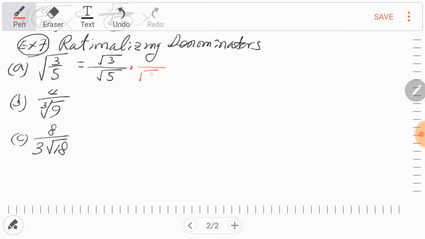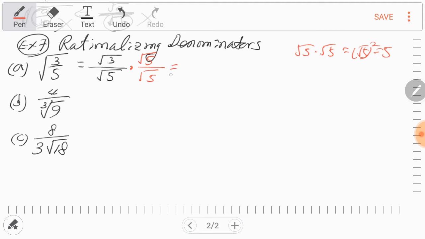The same thing, the square root of 5. Because, do you remember, square root of 5 times square root of 5 is 5, right? Because square root of 5 squared is 5.